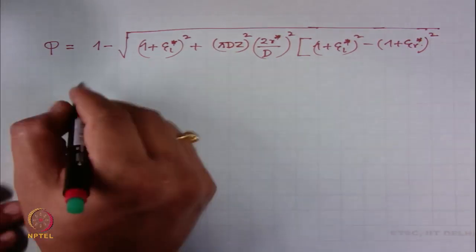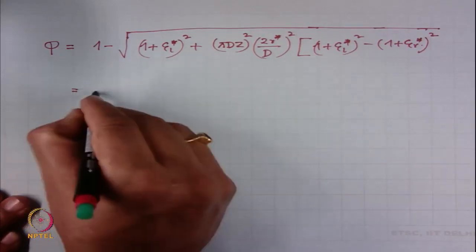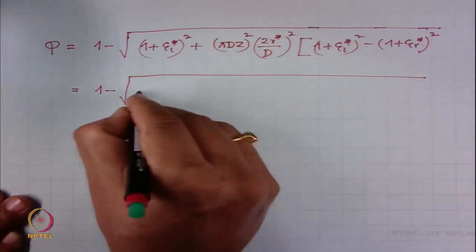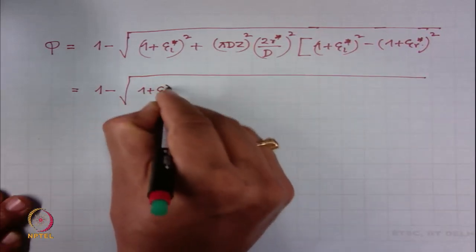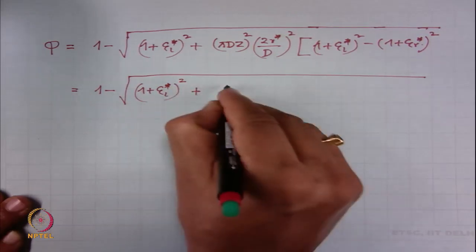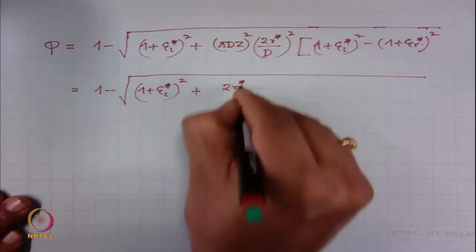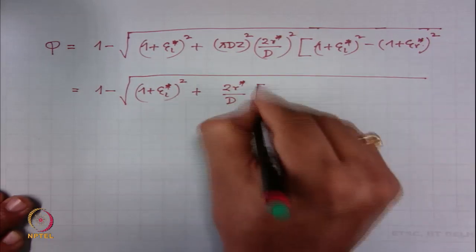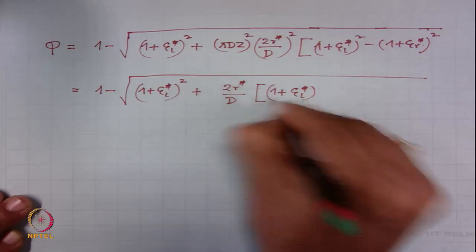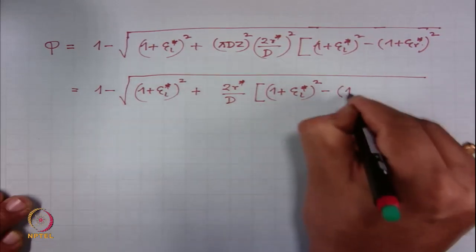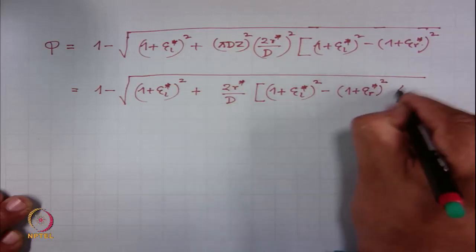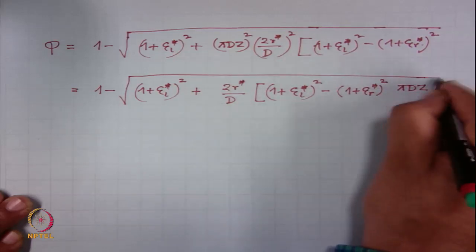Now, 1 minus, see how we are writing this equation, this plus 2 r star by d, 1 plus squared minus into pi times d times z.